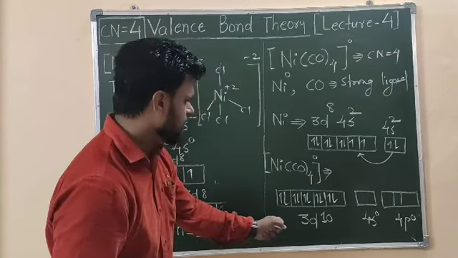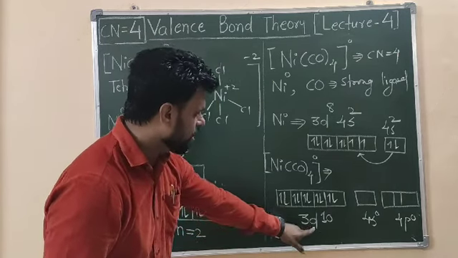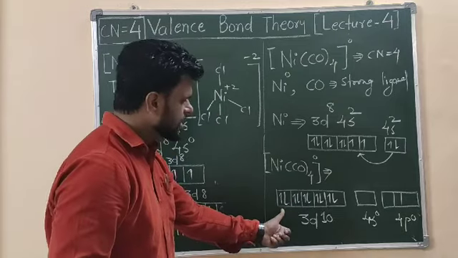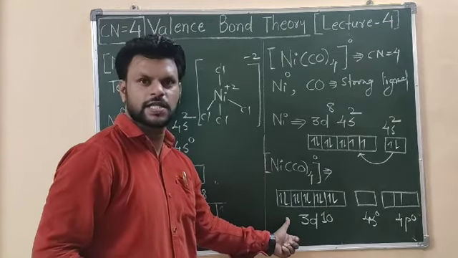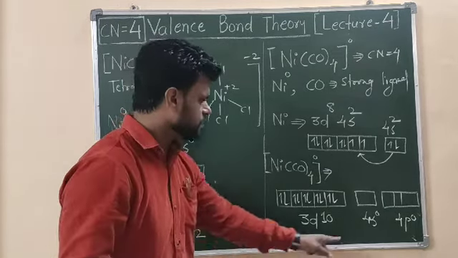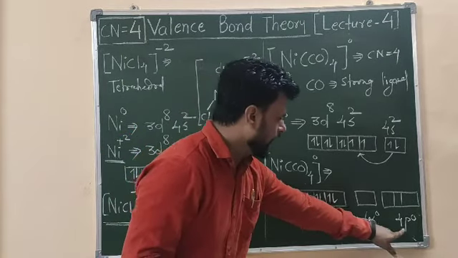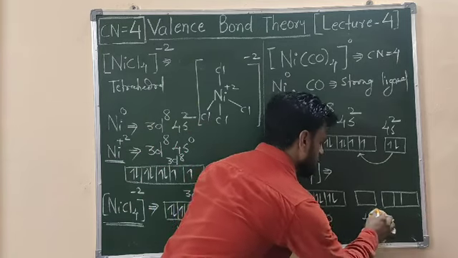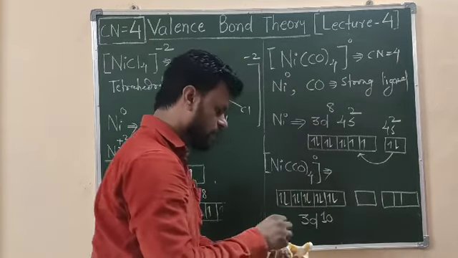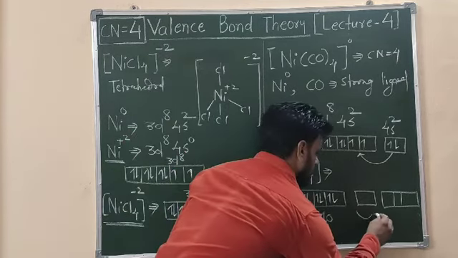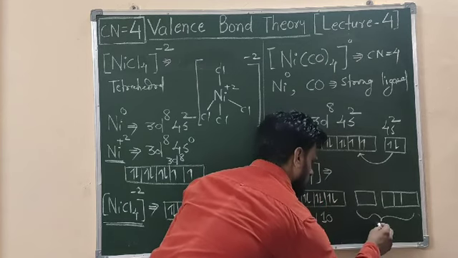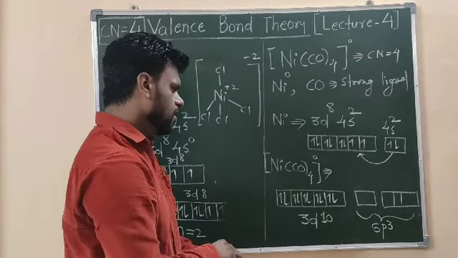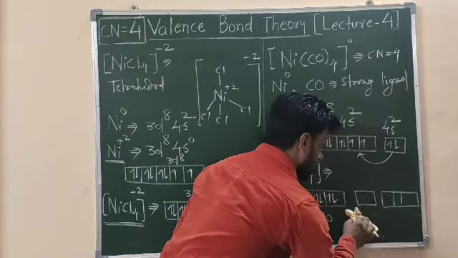Now the point is that since all the d orbitals are completely filled, the d orbitals cannot take part in the bonding. What is left? The s orbital and the p orbital are left. Afterwards, these empty 4s and 4p atomic orbitals of the metal will undergo sp3 hybridization and they will form the bonding.